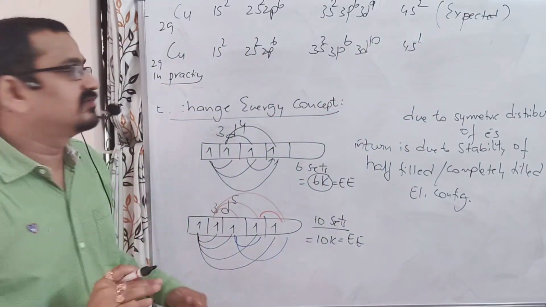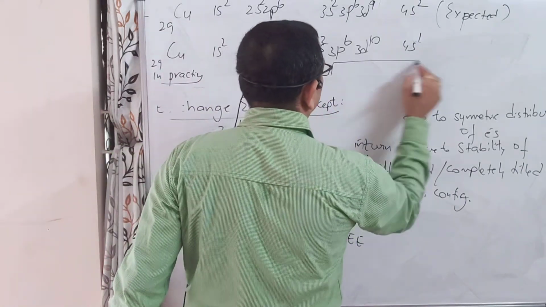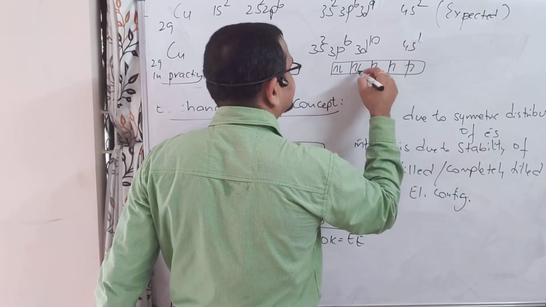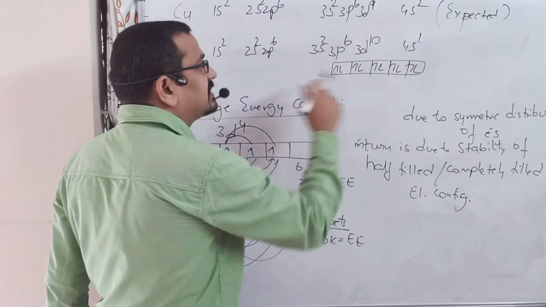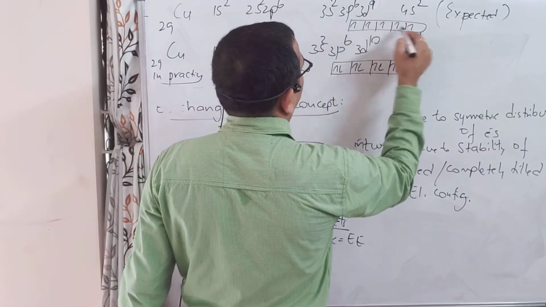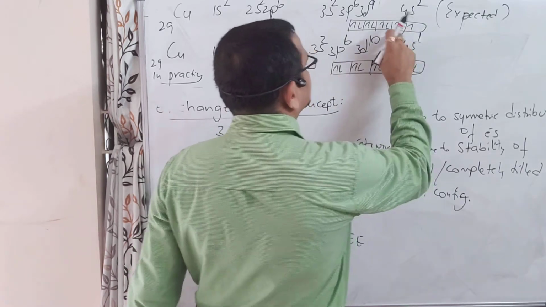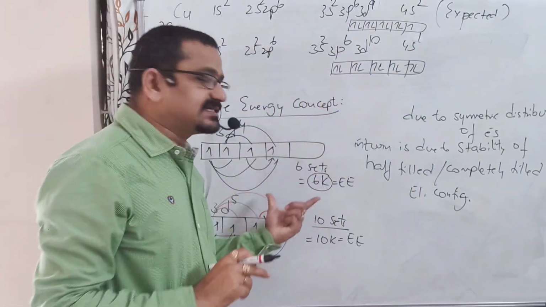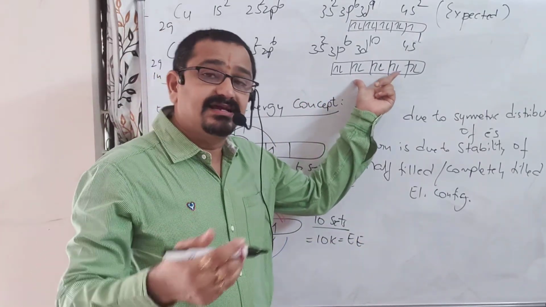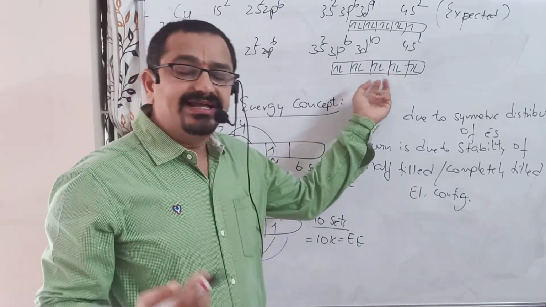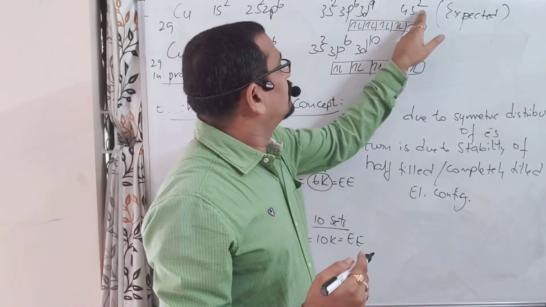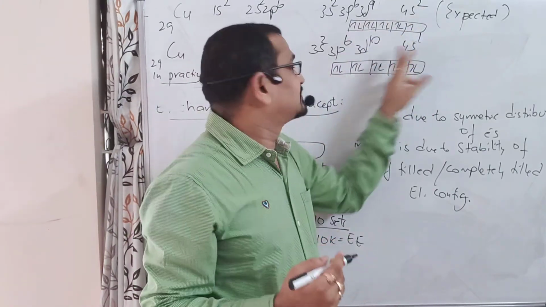What was the practically observed configuration? 4s1, 3d10. 3d10 means 1, 2, 3, 4, 5, 6, 7, 8, 9, 10, a completely filled configuration, whereas 3d9 is not completely filled. As per the exchange energy concept, half-filled or completely filled orbitals give stability to the atom. So to attain such a completely filled configuration, the electronic configuration of copper changes from 4s2 3d9 to 4s1 3d10.